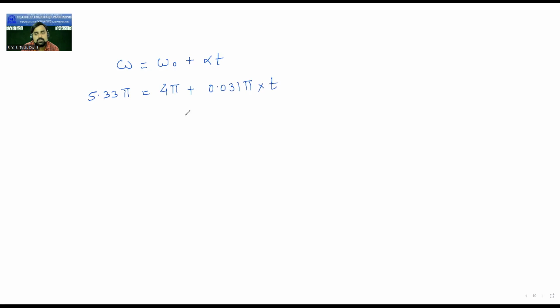Now take pi common, it will get cancelled. Let me know what is the answer. So t is equal to 42.9 seconds.